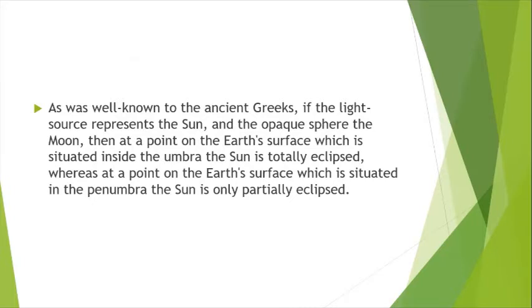Then the opaque sphere naman yung moon nga, and the points of the Earth's surface, which is situated inside the umbra, and the sun is totally eclipsed. Okay? While areas at the point of the Earth's surface which is situated in the penumbra, then the sun is only partially eclipsed.